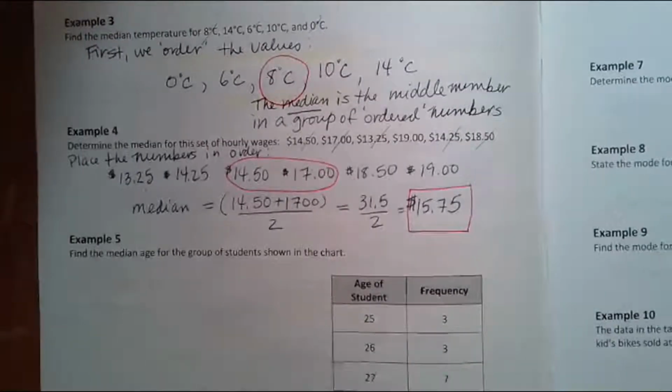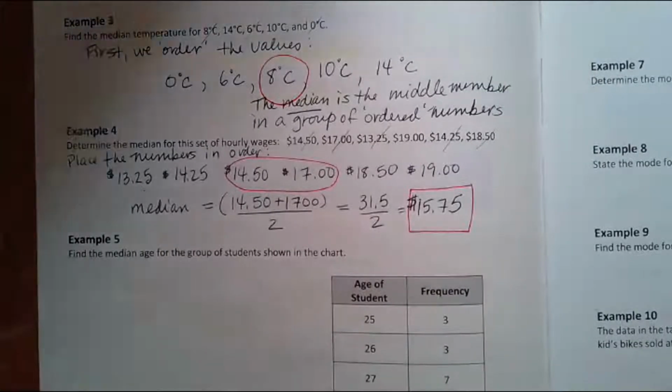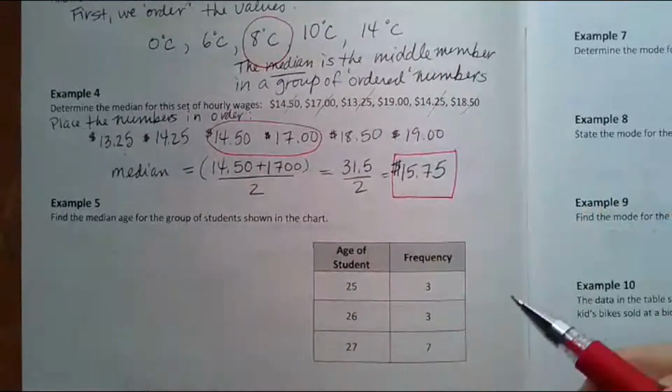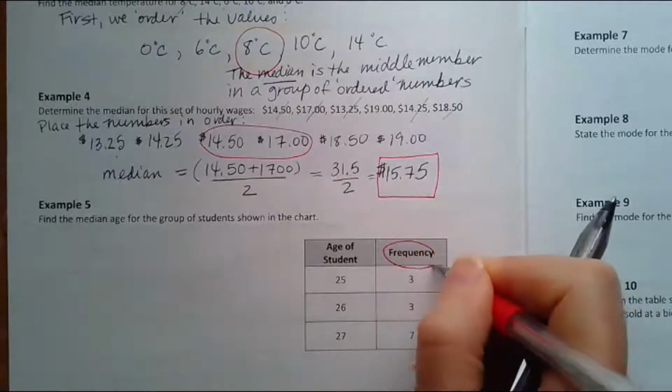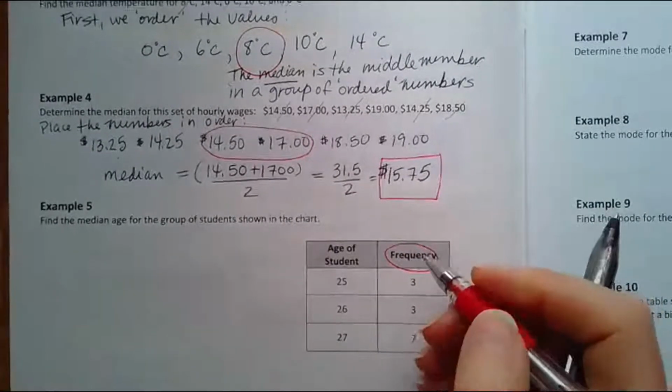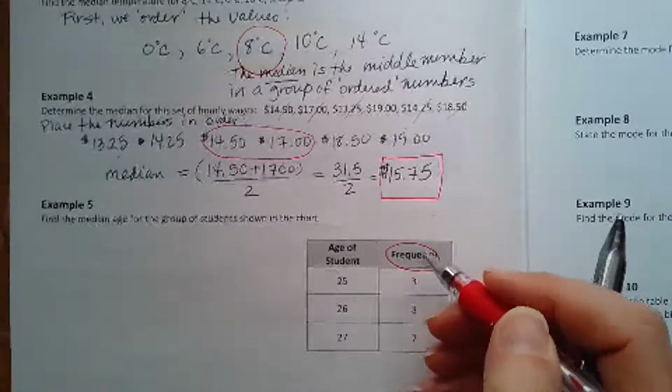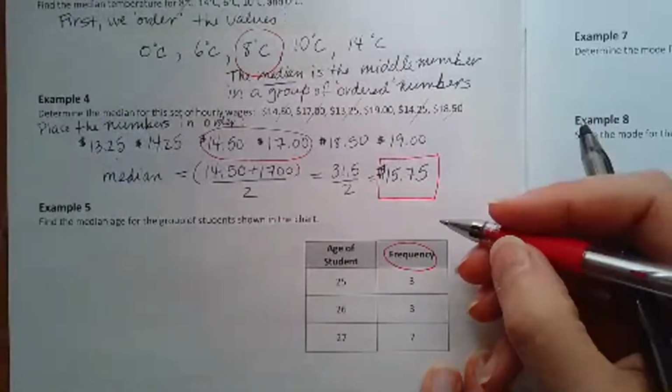Okay. Let's find the median for this. Okay, this is a tough one. The word frequency, now these aren't a set of 6 numbers. It means age of the student and the frequency. This is a frequency chart. The data is given to you in a different way.